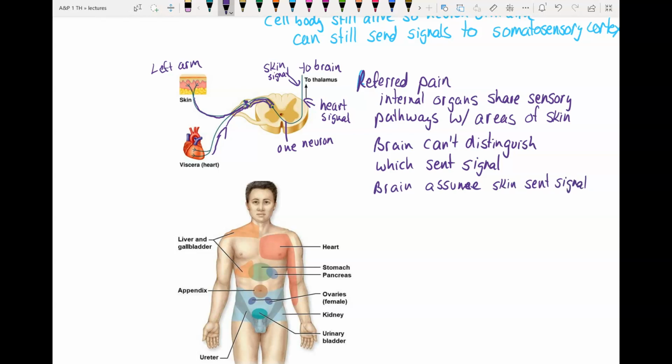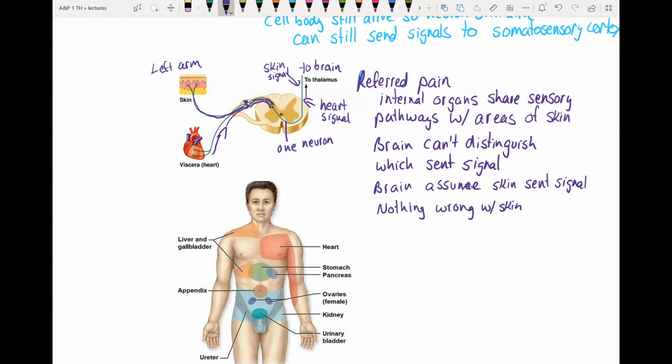So, although pain in the left arm is a common sign of a heart attack, there's actually nothing wrong with the left arm. You're having a heart attack, your left arm is perfectly fine. It's not actually sending a pain signal. It's just kind of been framed for sending a pain signal. So there is nothing wrong with the skin.